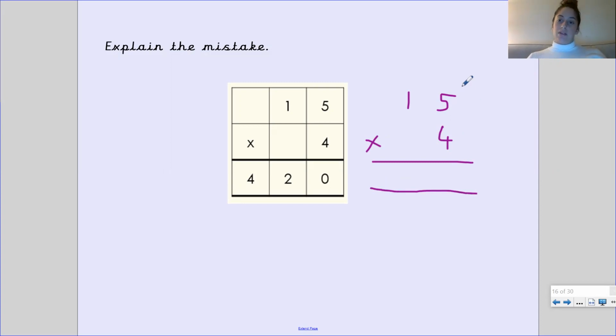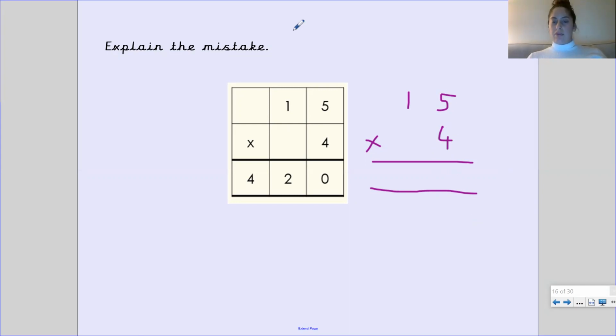Okay, so we start off by multiplying the ones. So 4 times 5. What's 4 times 5? If you know your 5 times tables, you will know what 4 times 5 is, or you can count 4 lots of 5. So 5, 10, 15, 20.